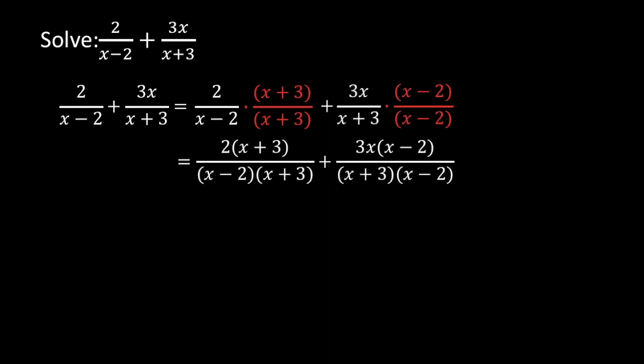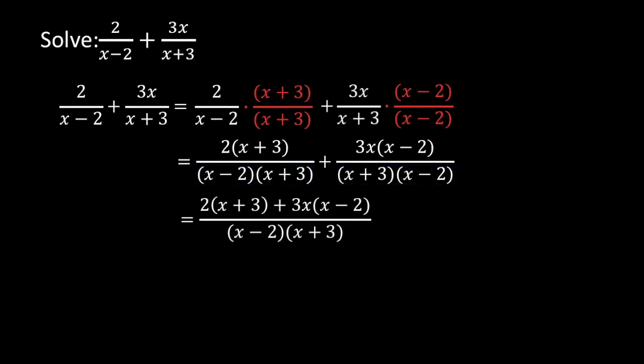Multiplying, we get 2 times x plus 3 all over x minus 2 times x plus 3 plus 3x times x minus 2 all over x plus 3 times x minus 2. Since the denominators are now the same, we can now combine the two expressions, giving us 2 times x plus 3 plus 3x times x minus 2 all over x minus 2 times x plus 3.